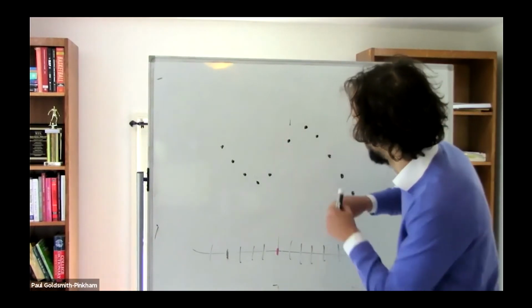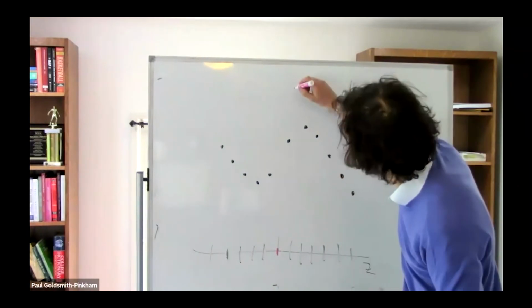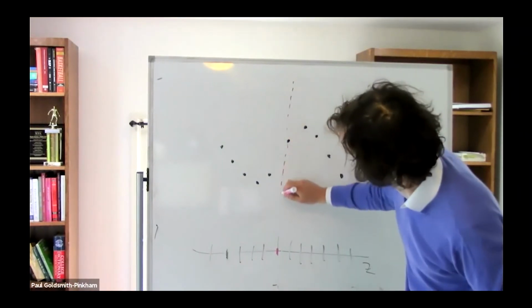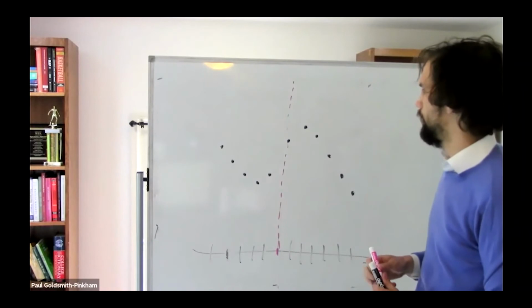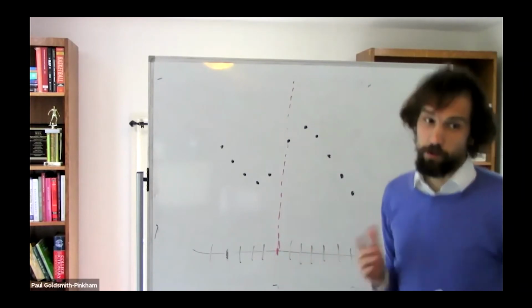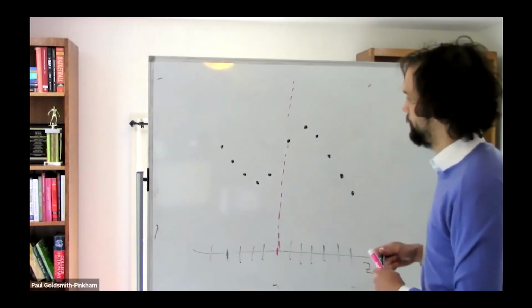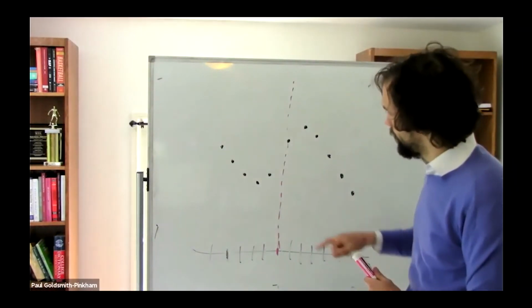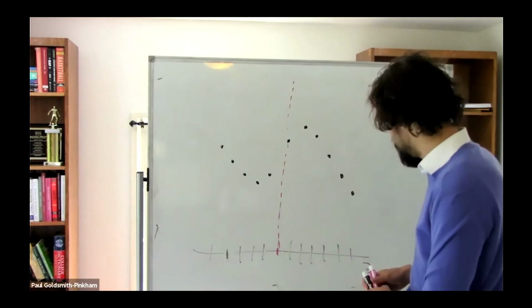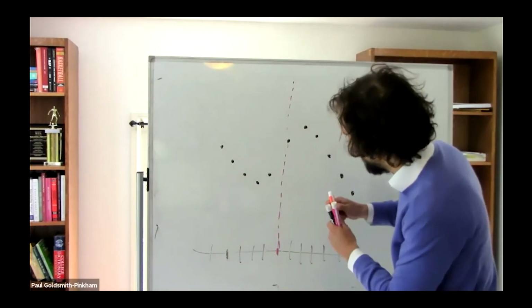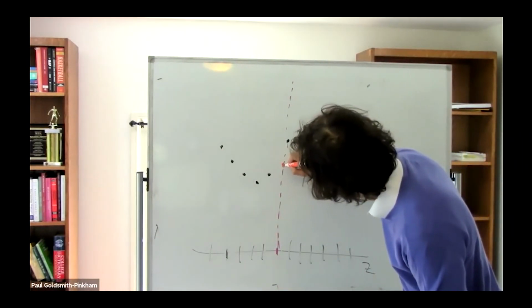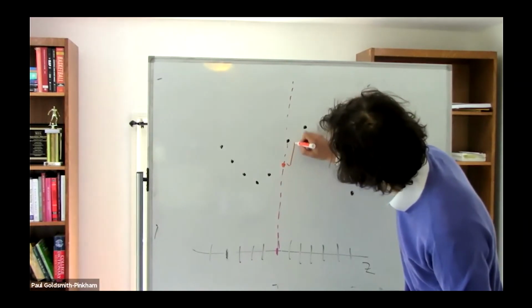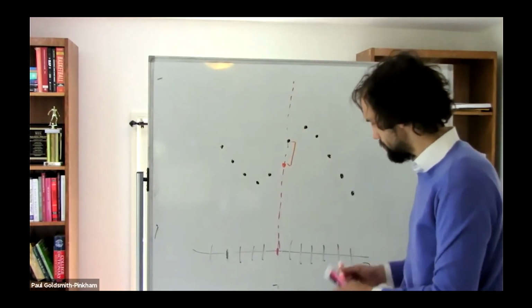So here's our RD estimate. It's similar to what we were talking about before, but now we have this problem: we have these points, but we need a point here to compare this estimate to.